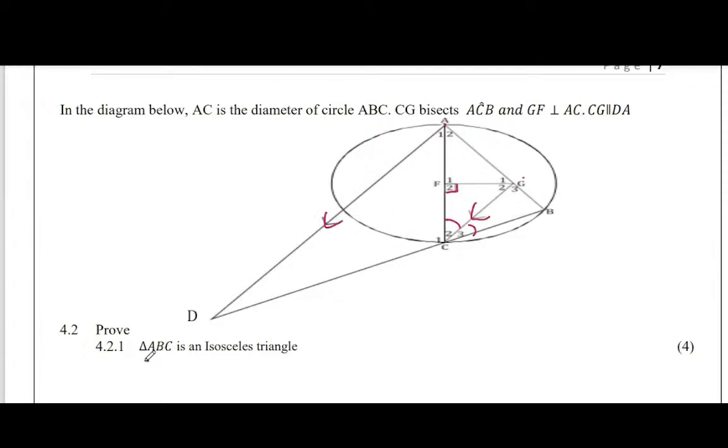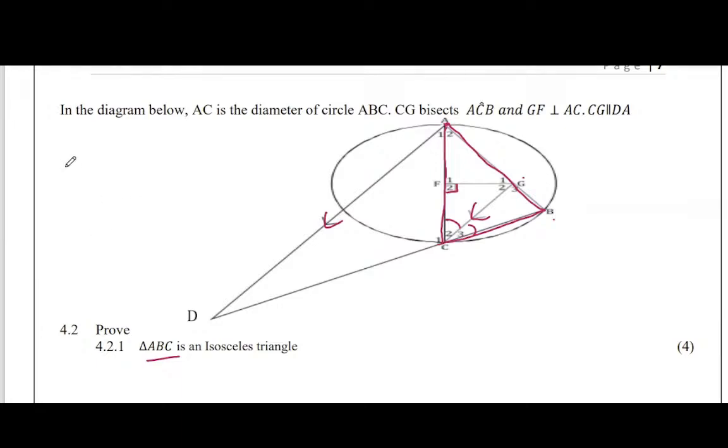They want us to prove that this triangle ABC is an isosceles triangle. So one thing we know about an isosceles triangle is that two sides have to be equal, but also the opposite angles must be equal.